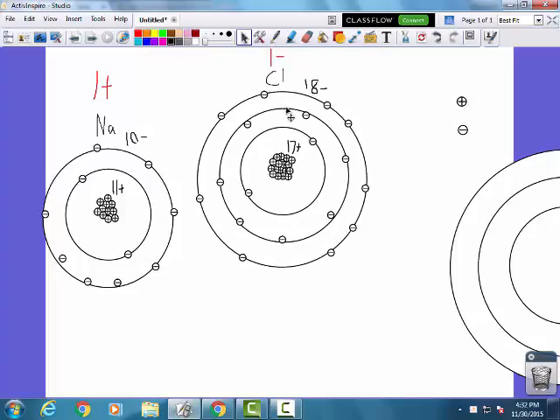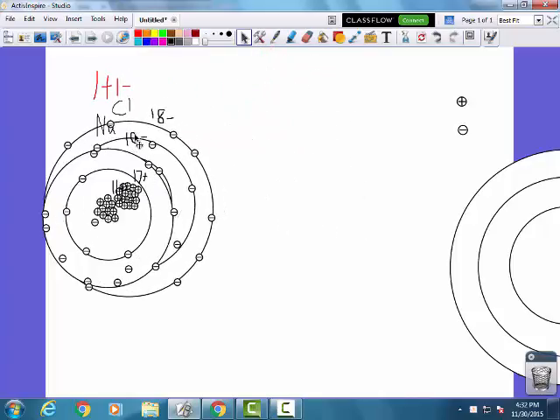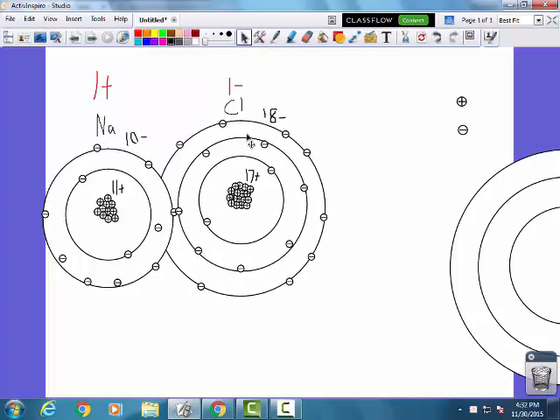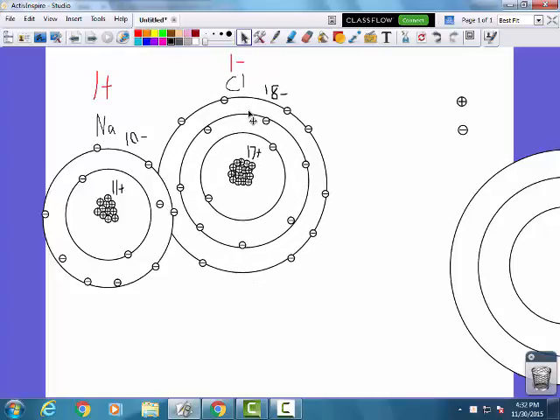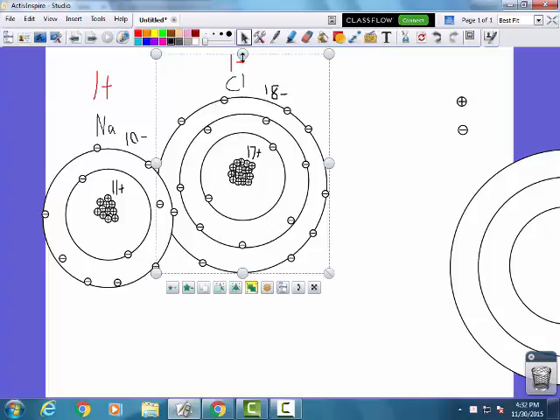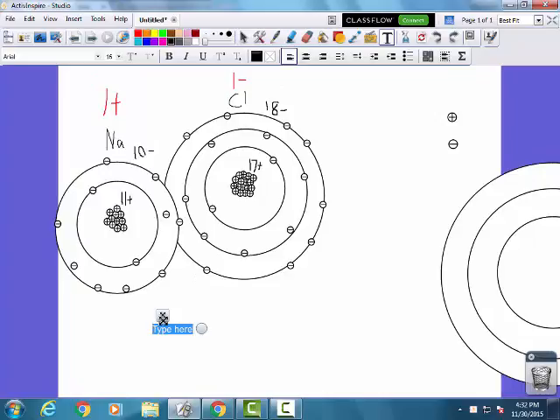The positivity and the negativity attract each other, and they will actually come towards each other, and their electron clouds will overlap because of the physical attraction between the positive sodium and the negative chlorine, and this is an ionic bond. We have created an ionic bond at this point.